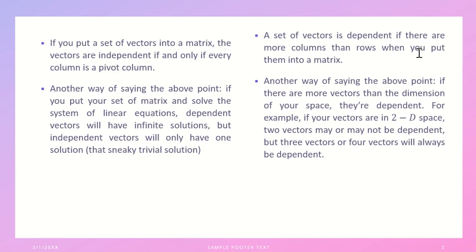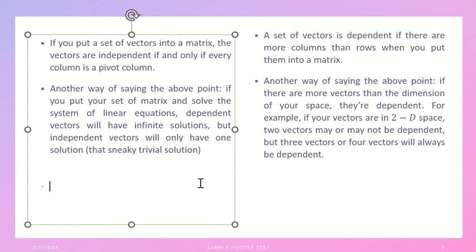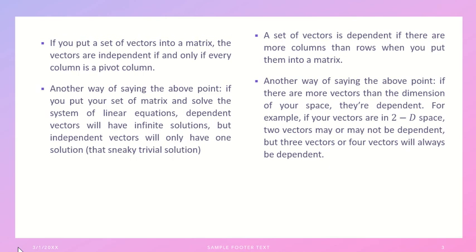I have in the next slide several examples of this matrix. Another way to explain this feature is that if we are in, for example, a two-dimensional vector space, and we have more than two vectors, one of them is a dependent vector.